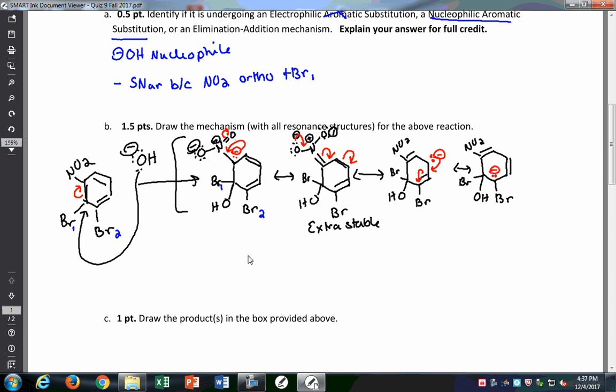And then, of course, our last step, we're going to reform the aromatic ring. That's our electrons going here. And then one of those two things that's attached to this carbon has to leave to reform the aromatic ring. We have OH and we have BR. BR is a better leaving group, so it's going to leave, and that forms our final product.